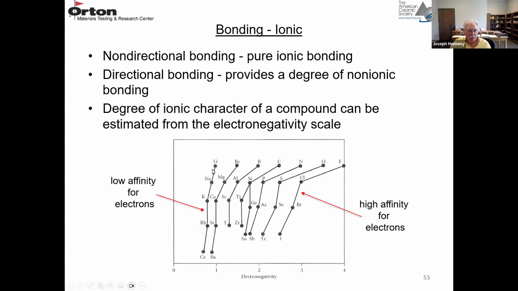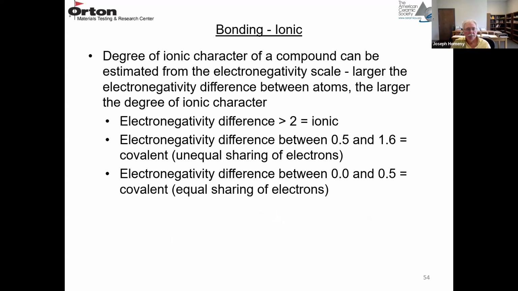So on the left-hand side of the periodic table, there's a low affinity for electrons. But on the right-hand side, the column starting with fluorine, ending up with iodine, has a high affinity for electrons. So they're up around 3 or even higher. So the degree of ionic character of whatever compound forms can be estimated from this electronegativity scale.